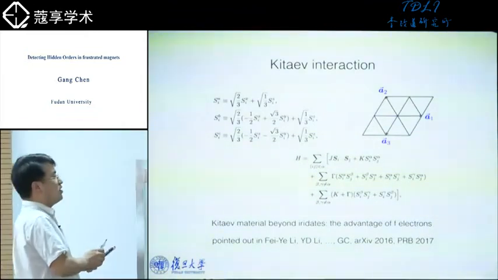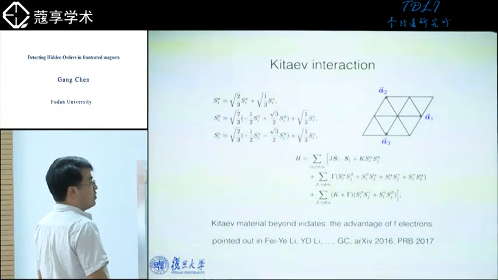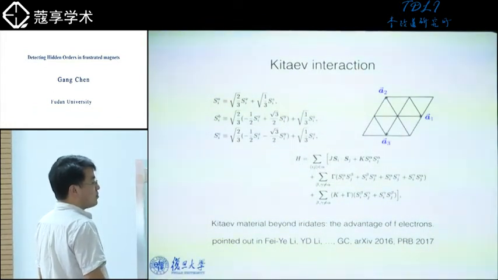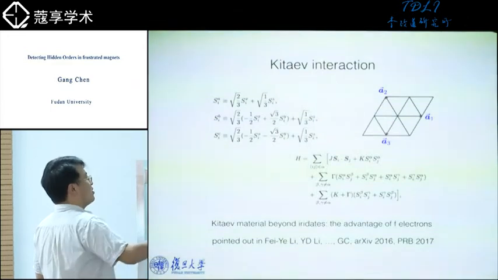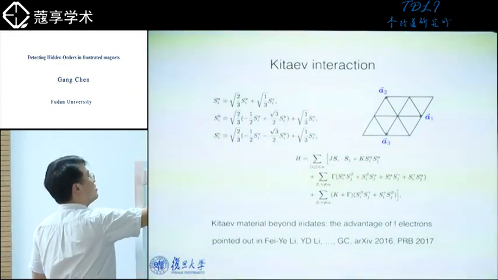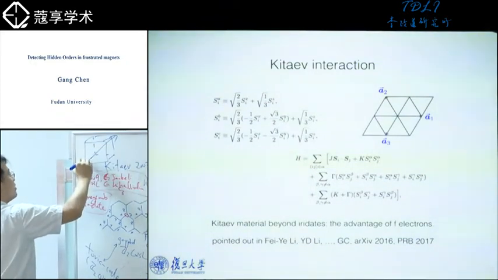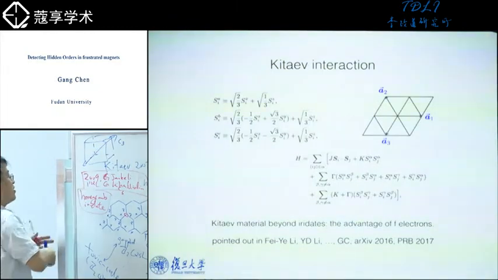If you have a three-dimensional lattice, how do you visualize this? Imagine this is a cube, right? And this is one direction. That's the threefold axis, right?